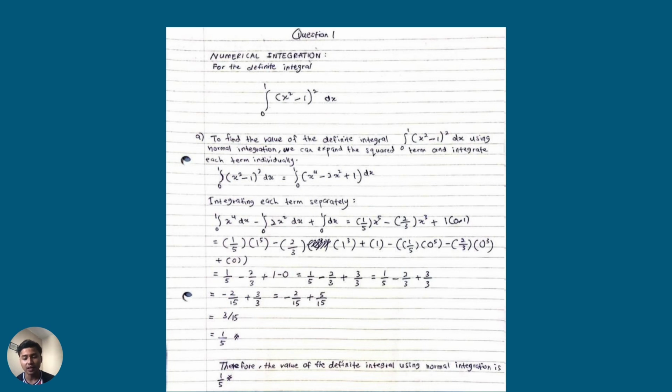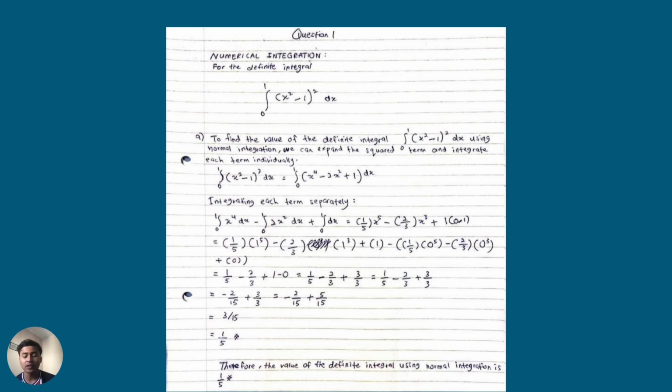And we can get equal (1/5)(1^5) - (2/3)(1^3) + (1), minus [(1/5)(0^5) - (2/3)(0^3) + (0)], equal to 1/5 - 2/3 + 1 - 0.